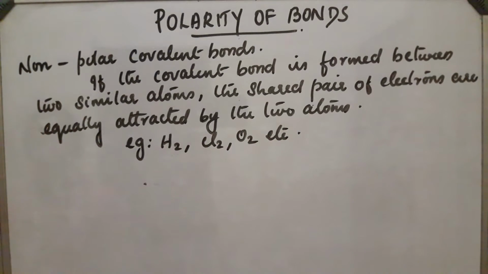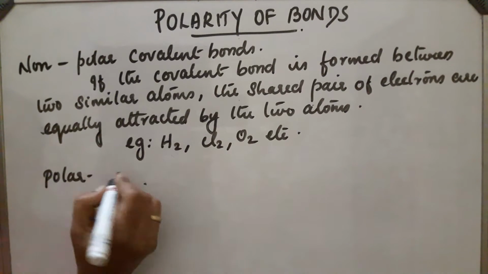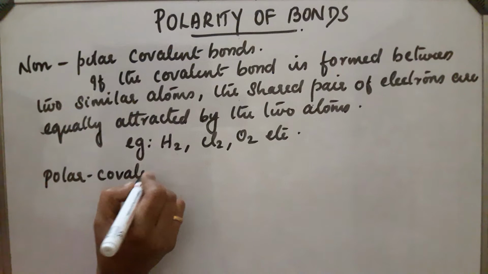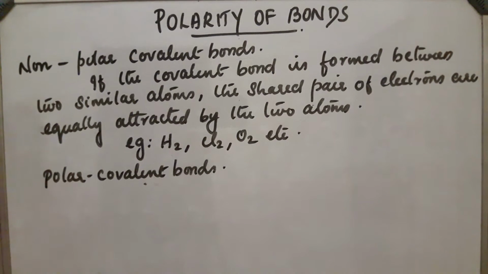Next, the second type is polar covalent bonds. If the covalent bond is formed between two dissimilar atoms and their electronegativities are different, in such cases the more electronegative atom will attract the electron pair, or the shared pair of electrons is shifted more towards the more electronegative atom.